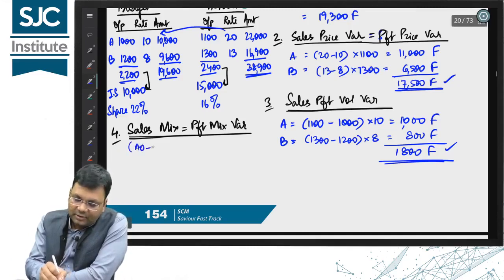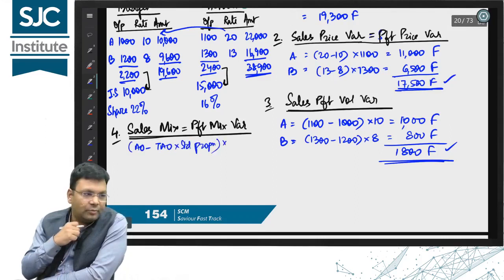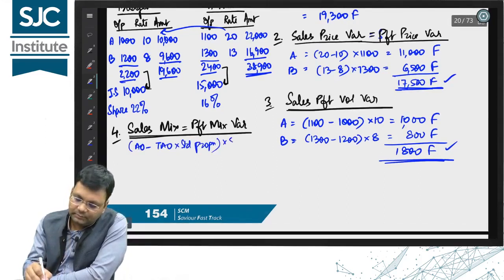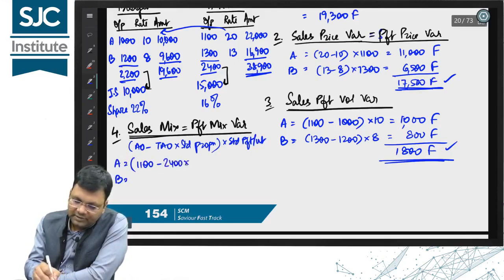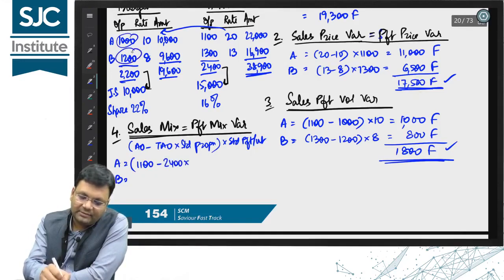So this will be actual output minus total actual output into standard proportion into standard profit per unit. So actual output is 1100 minus 2400 into standard proportion is 1000 by 2200.